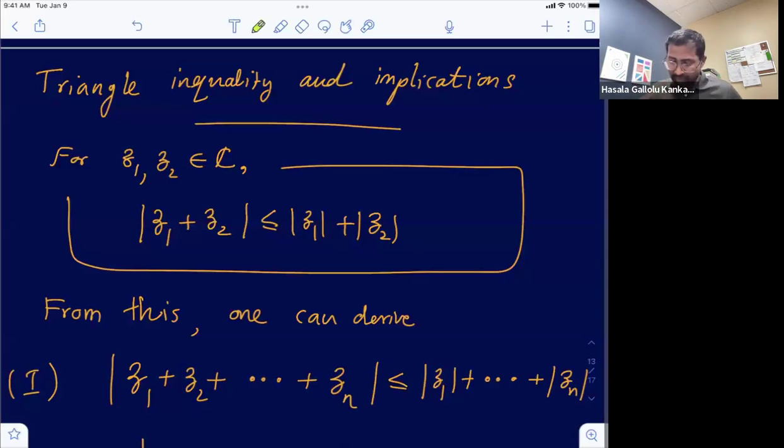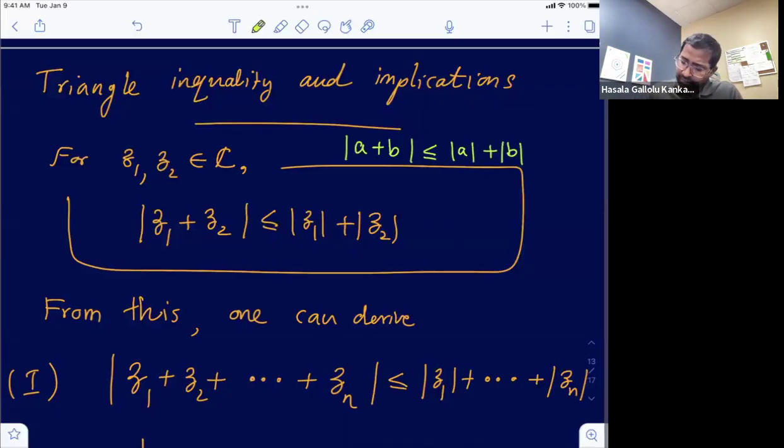So what is the triangle inequality? Now, we have seen the triangle inequality in terms of real numbers. So if you consider two real numbers, the absolute value of the sum of the numbers will be less than or equal to the sum of the absolute values of each number separately.